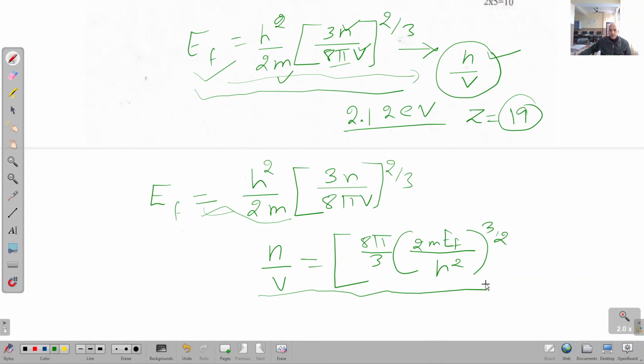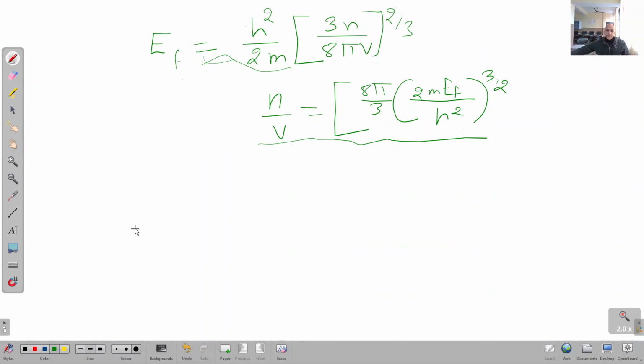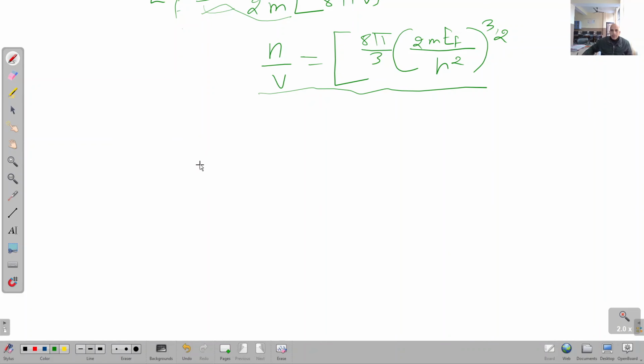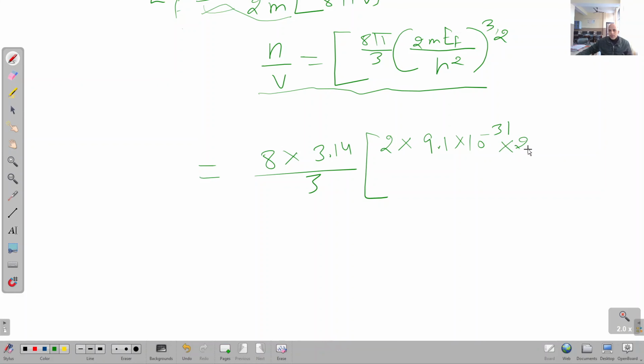Now we have to put all the values here in this expression so that we can find the value of n upon V, right? So you are given all the values. n upon V is equal to 8 into pi, 3.14, divided by 3 into 2 into m, mass of electron, 9.1 into 10 raised to power minus 31 kilogram, right? Into Fermi energy, which is given, 2.12 electron volt.